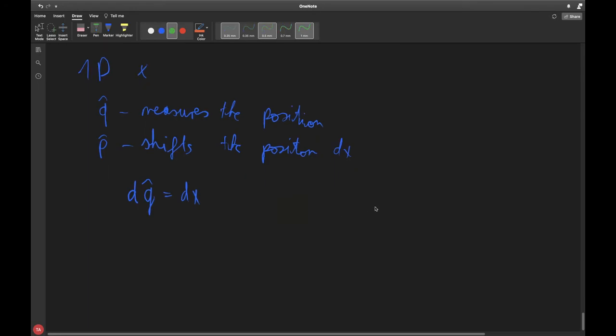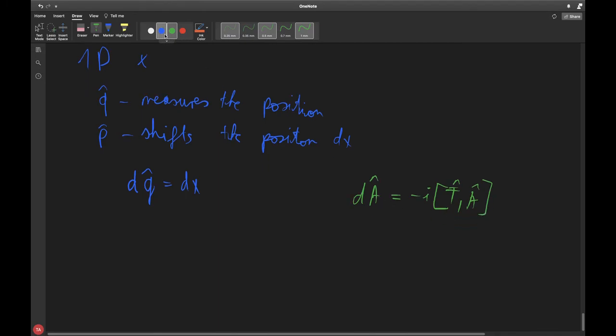We earlier had this general statement that when we change the A operator, that's going to be minus i and the t generator and the A operator itself, right? So let's again now just plug in that now the A is going to be q, and the t, the generator of this thing, is going to be the p operator.